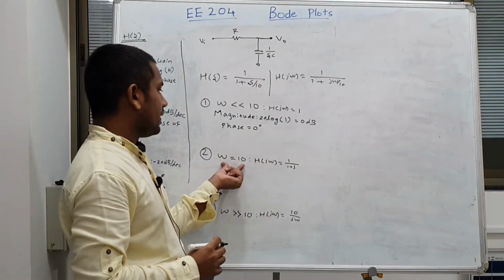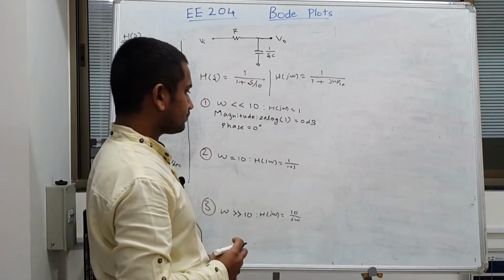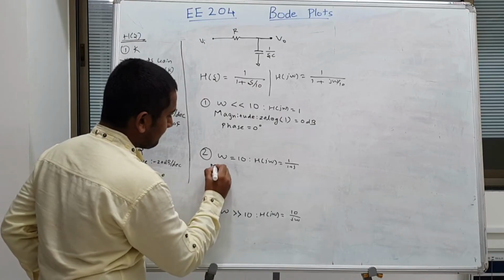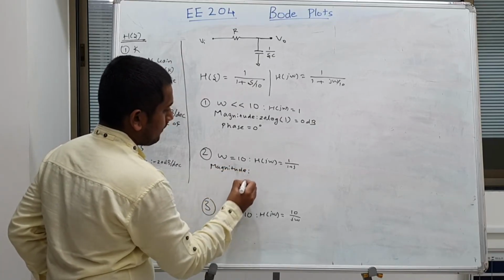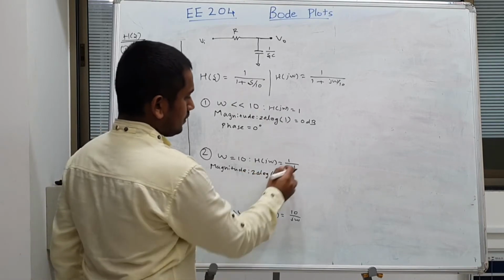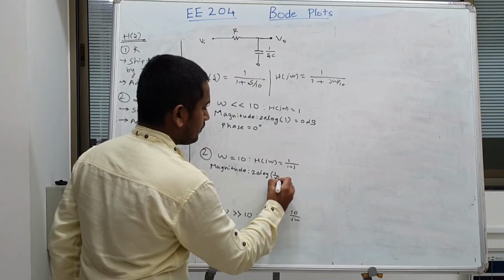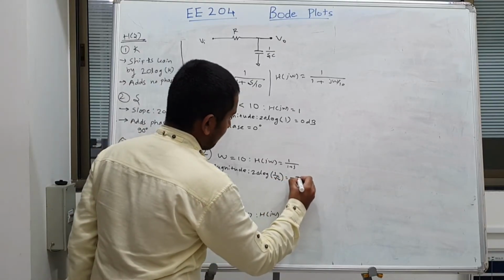Now when ω is at 10, the pole frequency, the magnitude is 20 log of 1/√2. It will come out near minus 3 dB.